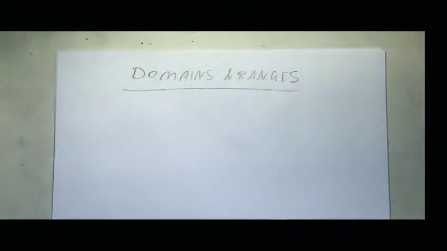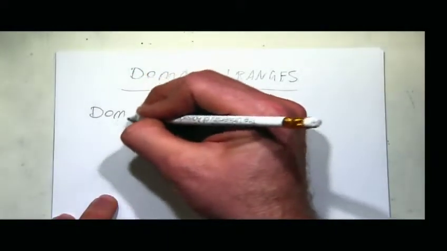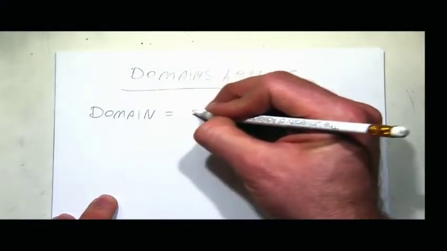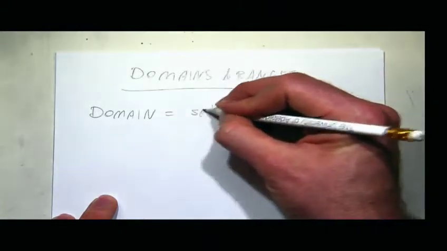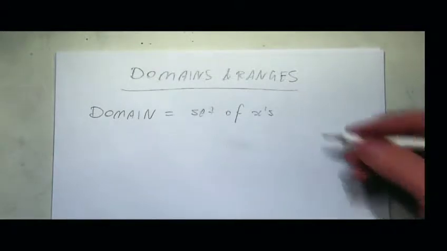Unless otherwise specified, the domain is the set of the most x's which make the function defined. Or if it's not a function of x, it'll be t's or whatever it is.